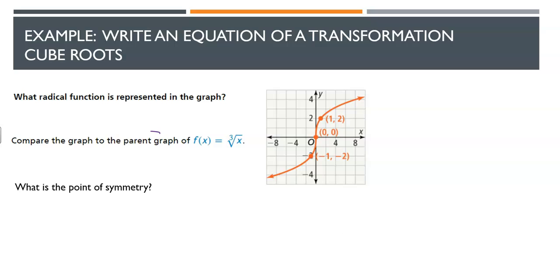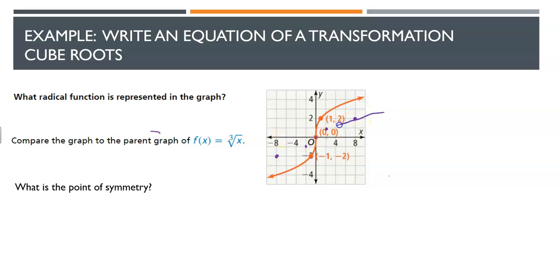Now we've got a cubic function, and we want to compare this function to the parent function. Well, okay, I've graphed a few points here. I'm going to go ahead and graph the parent function: 0, 0, 1, 1, 8, 2, I remember those, and then -1, -1, -8, -2.